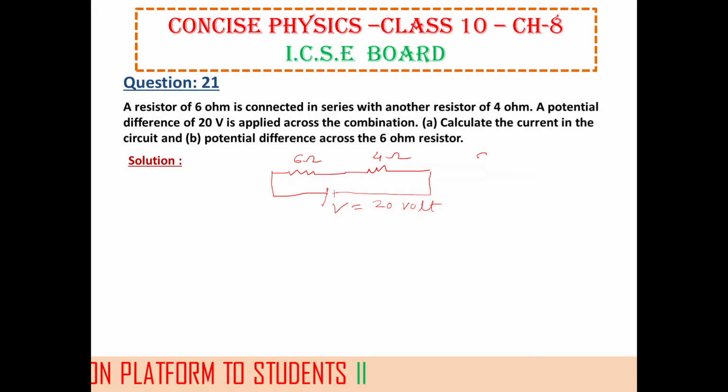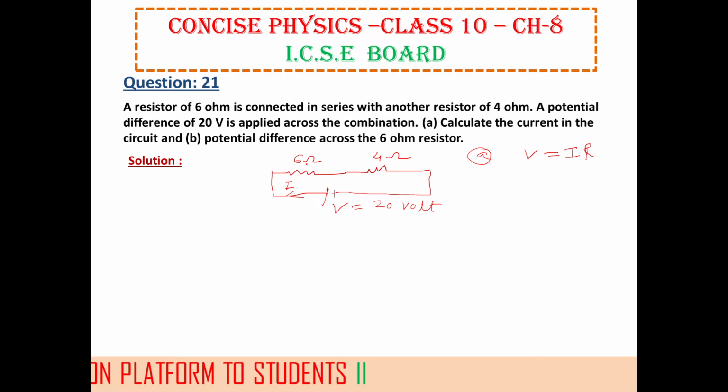So first case. To find out the current in the circuit, we will apply Ohm's law. V equal to IR, where V is the voltage applied, I is the current flowing through the circuit, and R is the equivalent resistance of the circuit.